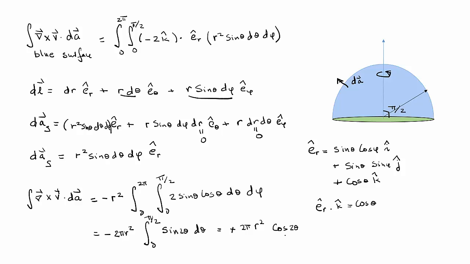Cosine 2 theta over 2 from 0 to pi over 2, and the 2's would cancel here, so I would get pi r squared times cosine pi minus cosine of 0. Well, this is minus 1 and this is 1, so minus 1 minus 1, it's minus 2, and I'll get minus 2 pi r squared.